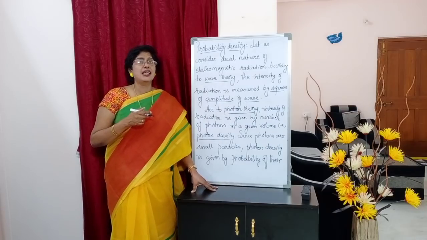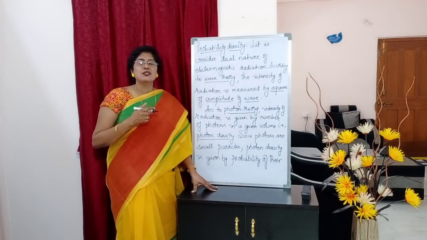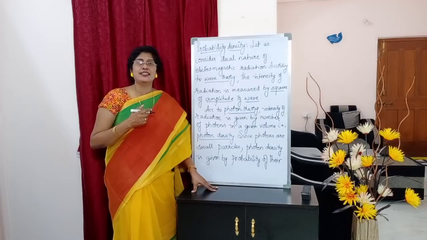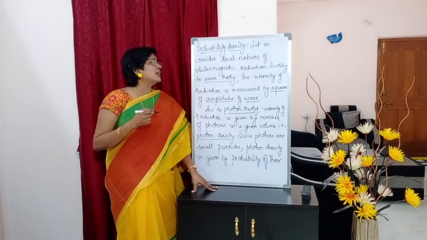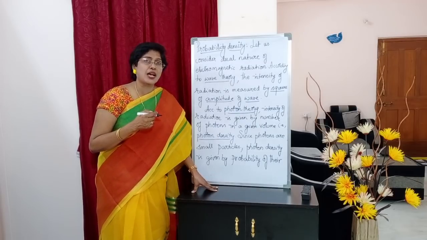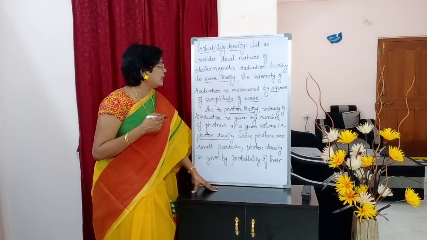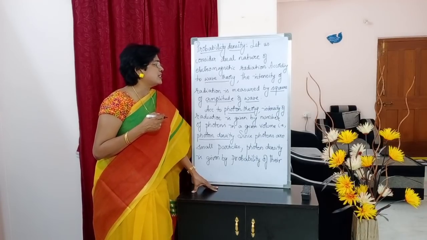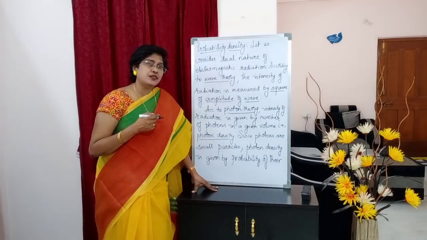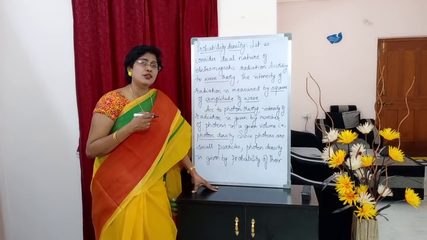Wave theory and photon theory. So, what are these two theories explaining about this dual nature of electromagnetic radiation? Okay. So, first point, according to wave theory. Write down, according to wave theory.